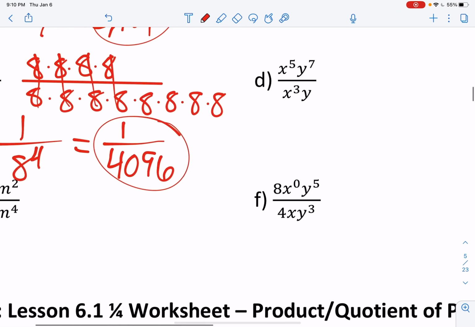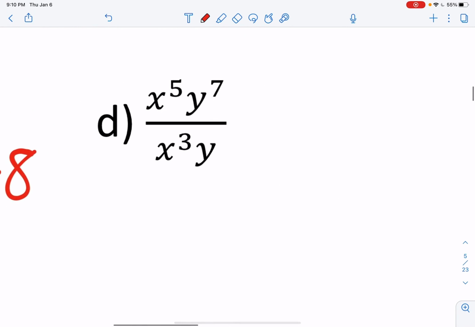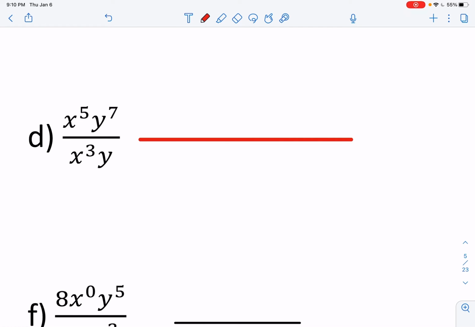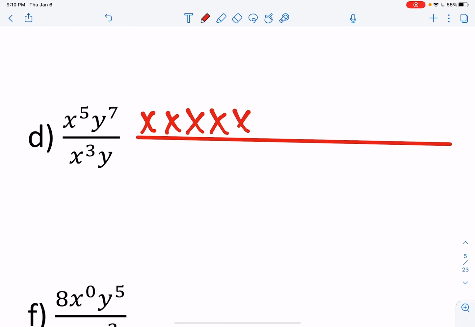So we get that. Now here with variables, I have 5 x's on top and I have 3 on the bottom. That means I have a total, when I write this all out, I have 1, 2, 3, 4, 5, 1, 2, 3.